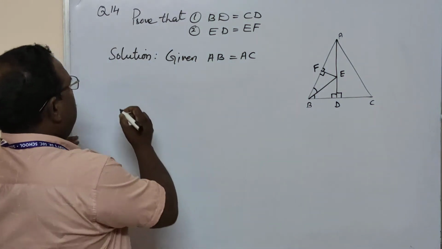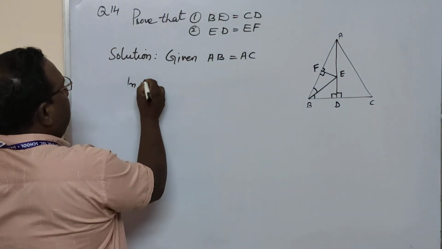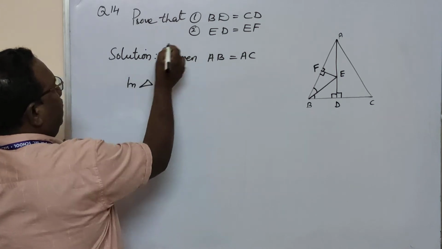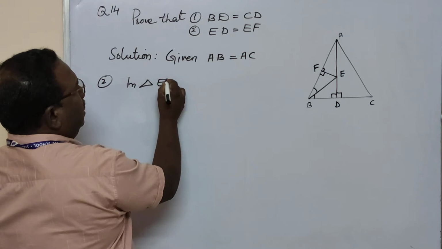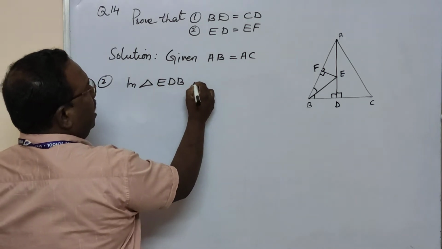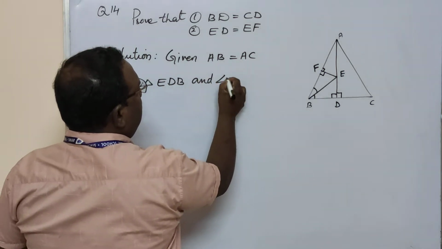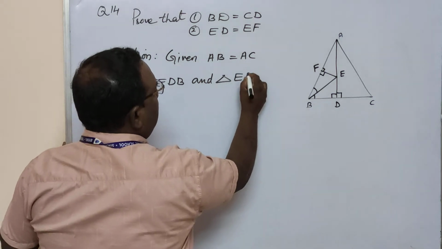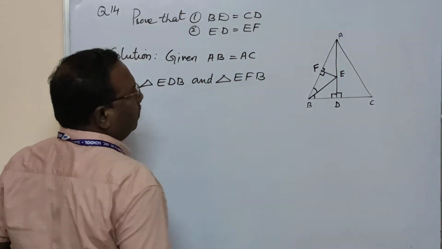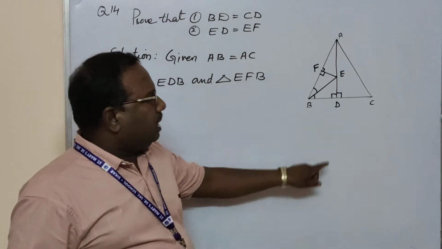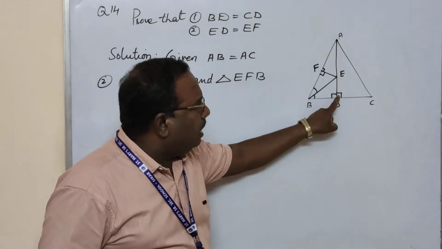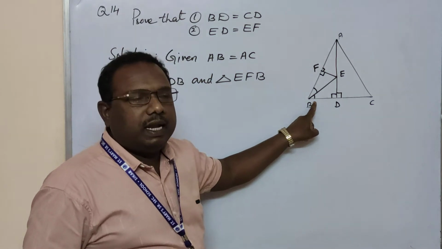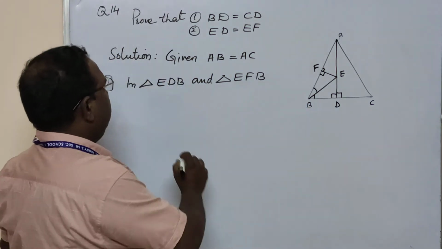Okay? So, in triangle EDB and triangle EFB, let's write angle EDB. What is the measure of angle EDB? 90 degree.